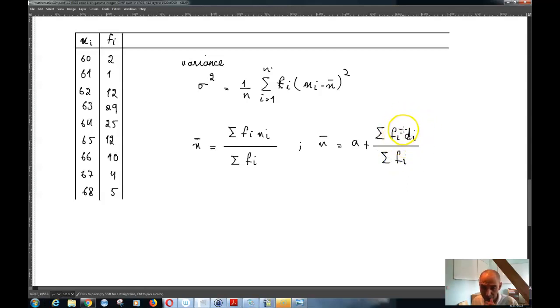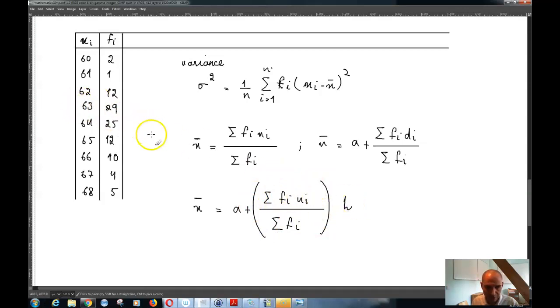Or you can use step deviation, which would be x bar is equal to a plus sigma f of i u of i divided by sigma f of i, and you have to multiply the whole thing by the class size of your classes.